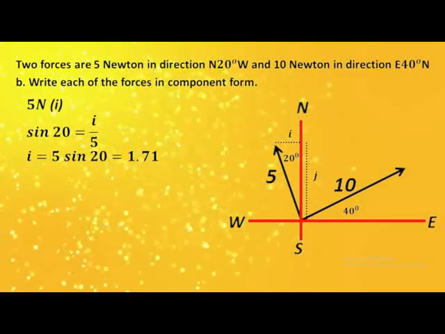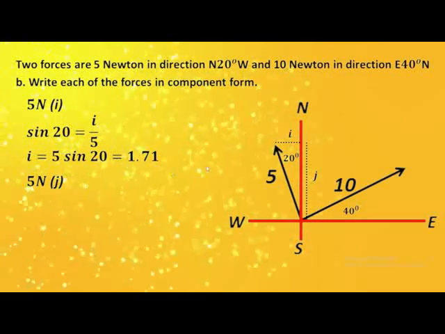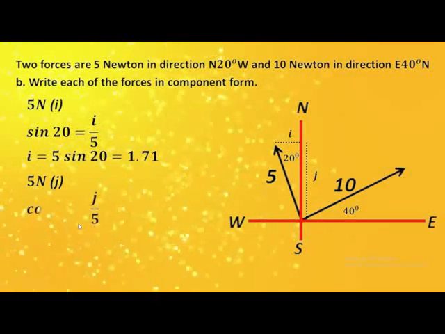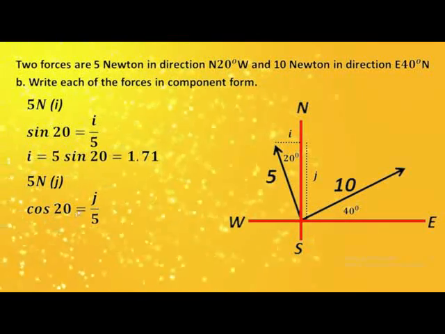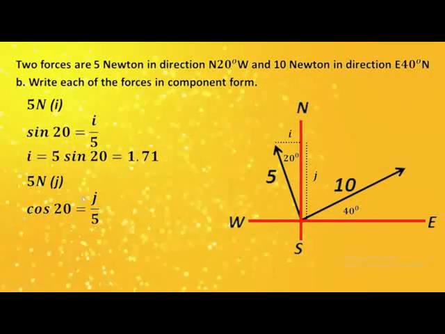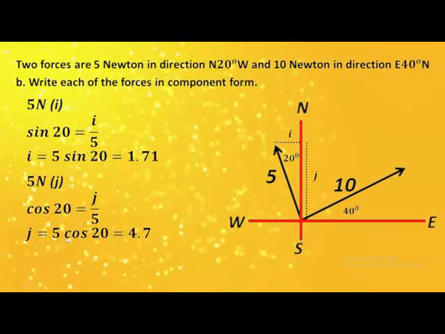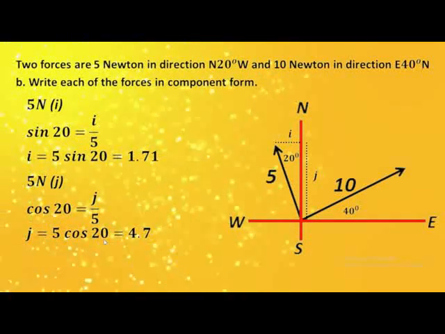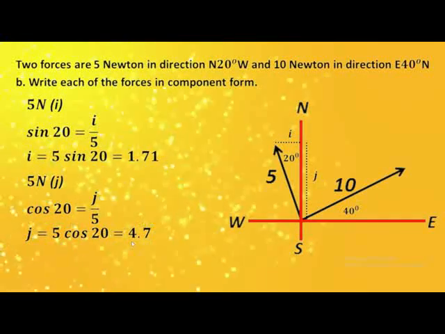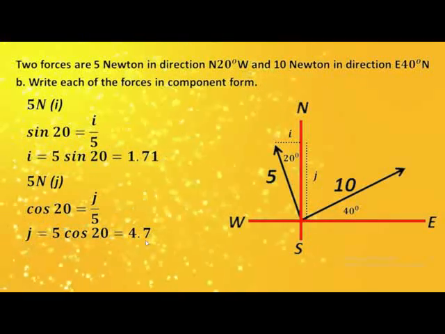And then next, the j component of the 5 Newton force. So this is the adjacent, which means we use cosine. Cosine 20 equals j per 5, adjacent per hypotenuse. So j equals 5 times cos 20. If you use your calculator, you will find that the j component of the 5 Newton force is 4.7.